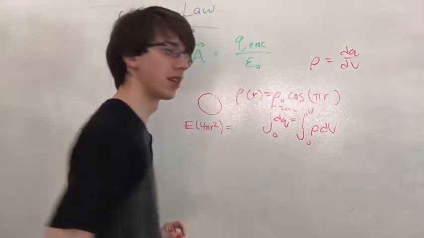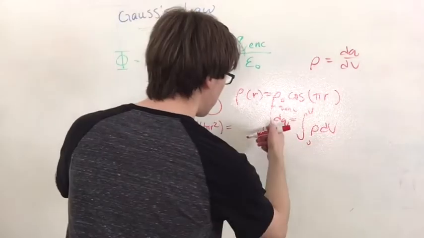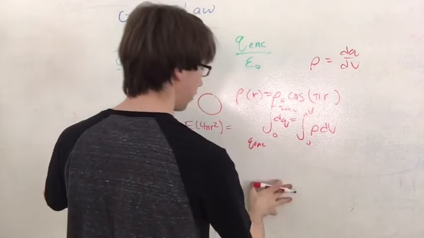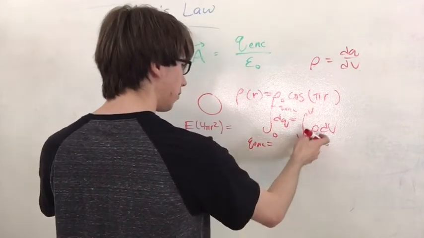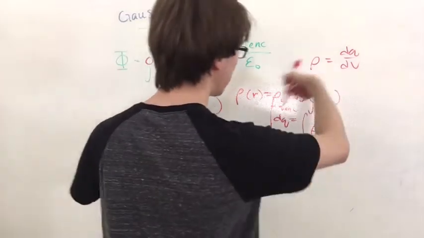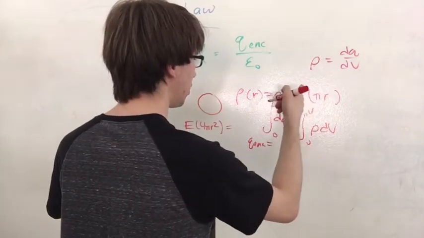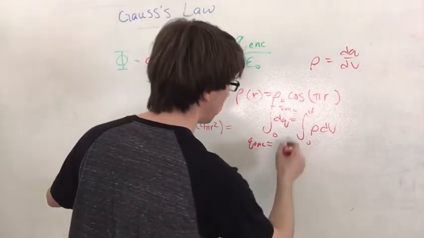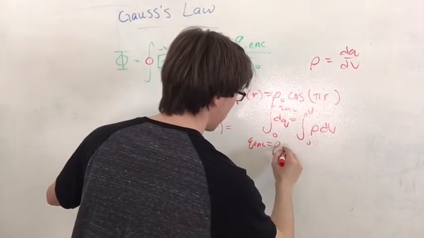So this results in Q enclosed, obviously. But then we need to solve it in terms of not dv, but r, because rho gives you rho naught cosine pi r.